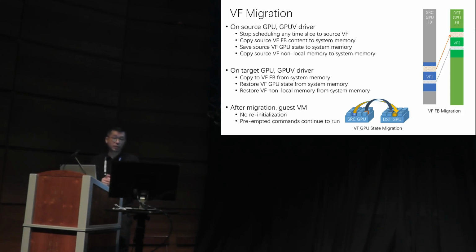Just like I showed on the diagram, for the VF migration you don't necessarily need to migrate to exactly the same VF number. You can migrate differently. And the GPU state a VF has is just part of the GPU state, so you migrate only the partial state of your GPU, your VF, from source to destination.